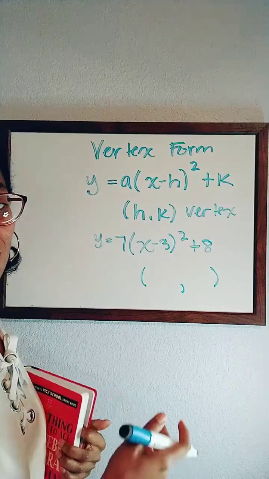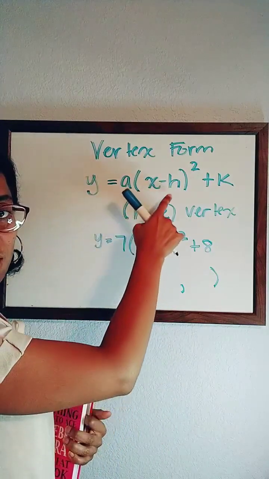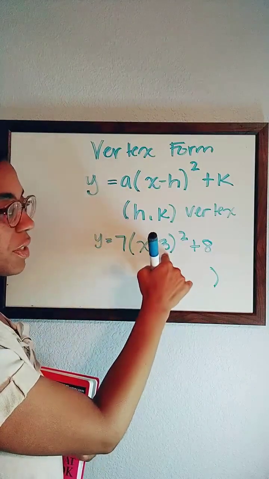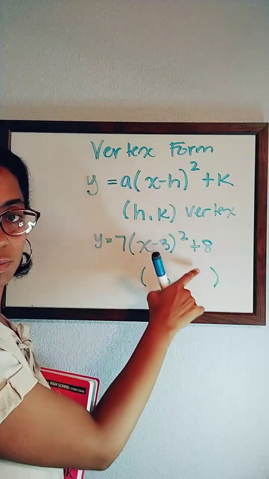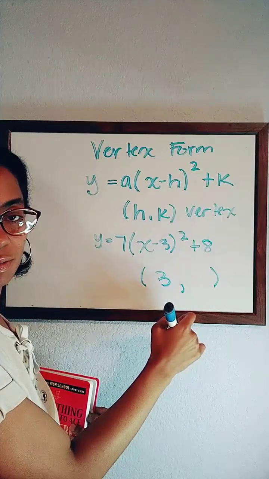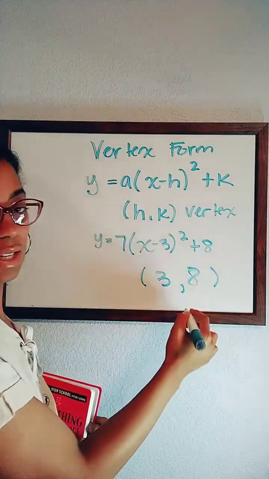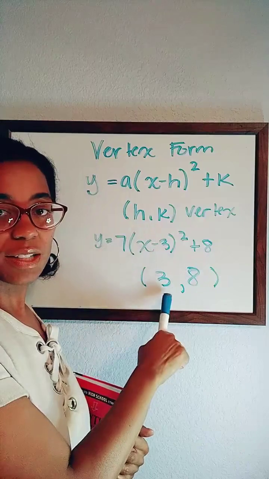I know it's a lot. So what's in position of h? What number is in position of h? 3. And then what number is in position of k? Hey, Maribel. 8. So that would be your vertex. So if the equation is written in this form, your vertex is 3, 8.